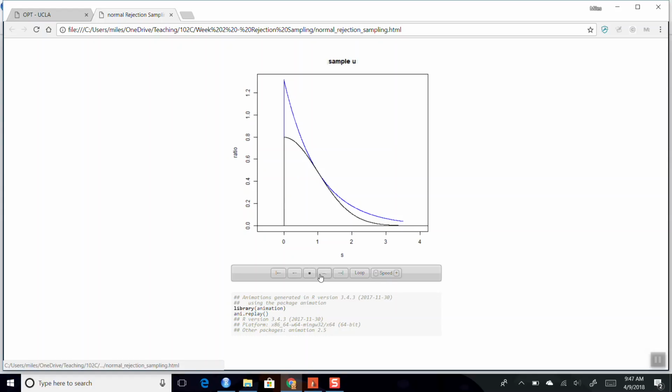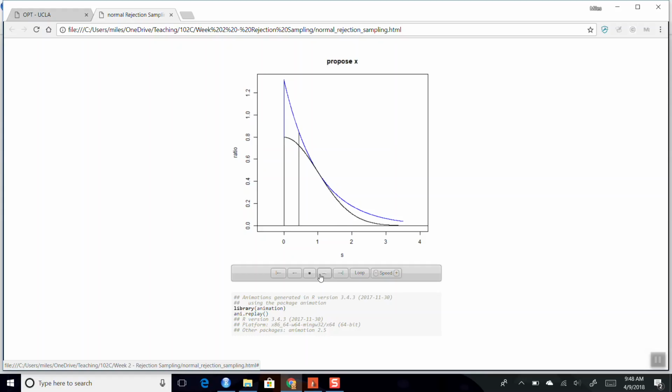Yes, question? So that doesn't cause a problem, though, that we're only sampling mostly from, or not only, but that... No, it's not a problem because we handle it by using the uniform distribution to decide whether or not to accept or reject that value.